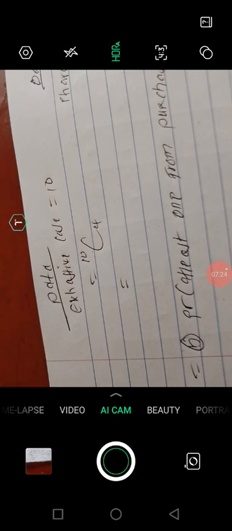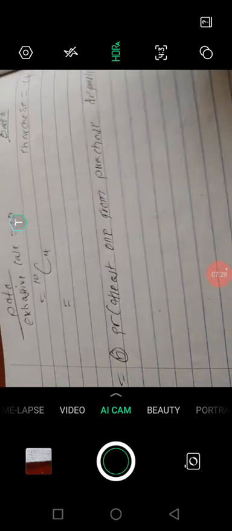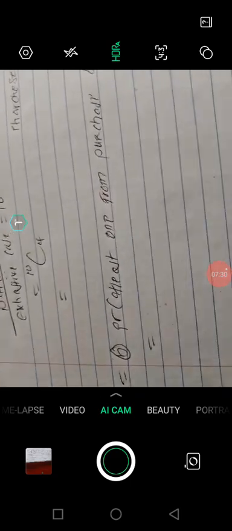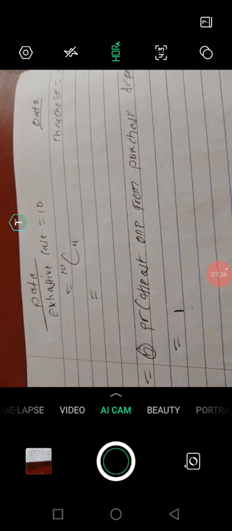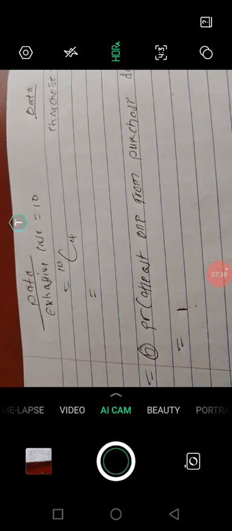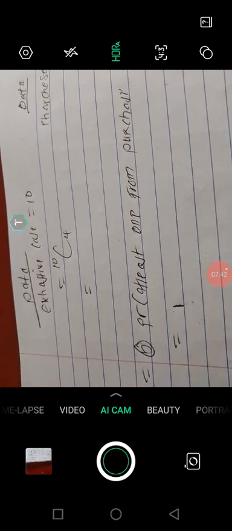Let's say at least one from the purchasing department. So of which it will be one from the purchasing department, and the total number of the exhaustive case is going to be affected by the same number of purchasing people.